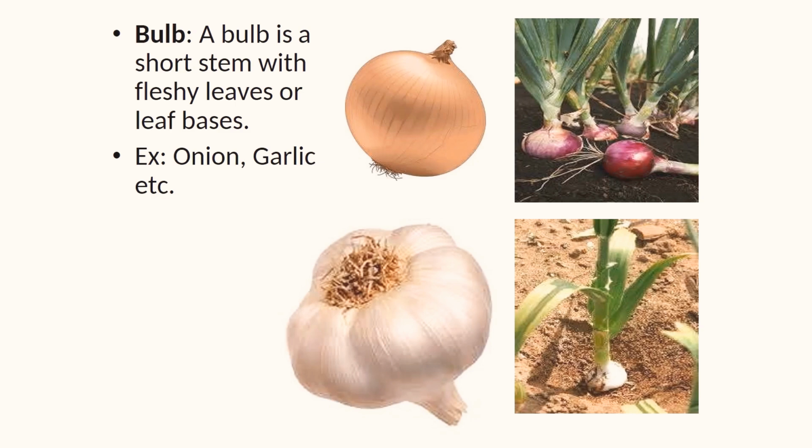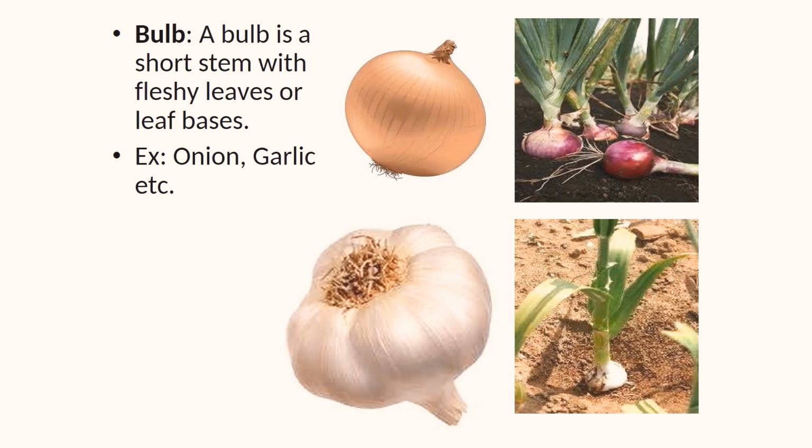Next is bulb. A bulb is a short stem with fleshy leaves or leaf bases. The leaves of a bulb are fleshy, which store food material in them and are surrounded by brown, thin, papery, scaly leaves.